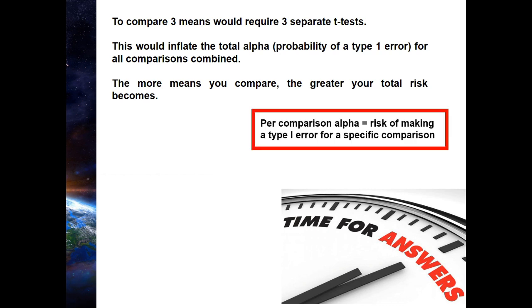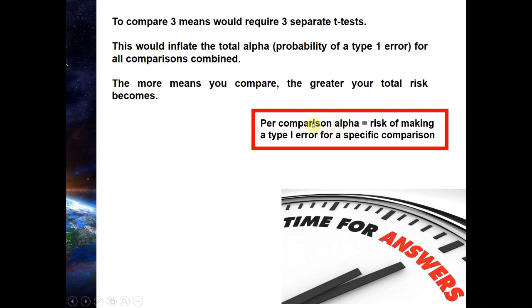Now, a bit of terminology here. When we talk about the per comparison alpha, we're talking about the risk of making a type 1 error for every specific comparison. So for example, the t-test that is going to compare mean 1 and mean 2, we set that alpha at 0.05. That would be the per comparison alpha, for that specific t-test comparing those two means.